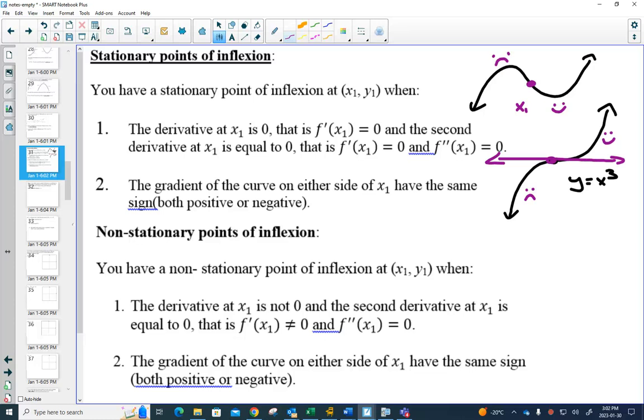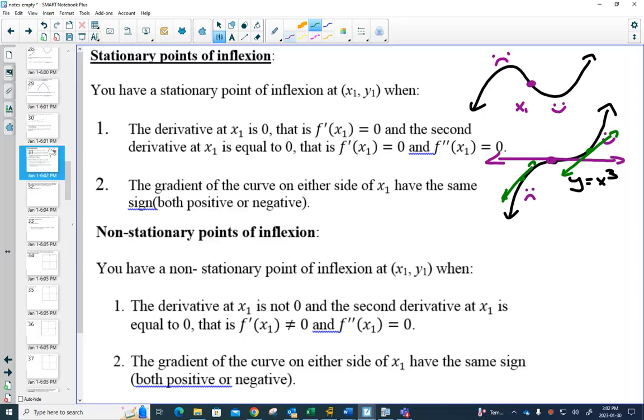So what we notice is that, first of all, the derivative is equal to 0. And secondly, that if you looked at tangents before and after, they don't change sign. Normally when you have a stationary point, you normally have a maximum or a minimum.